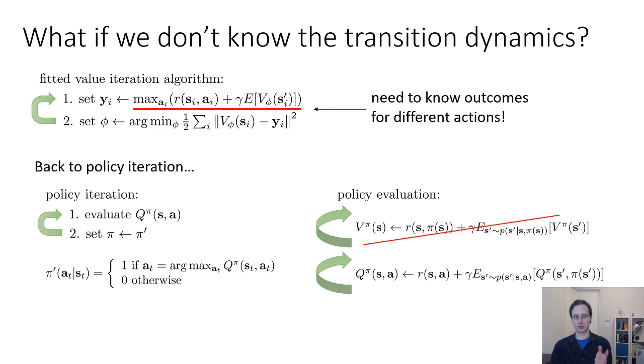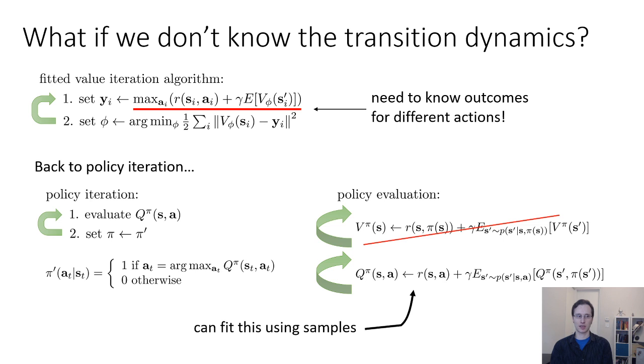The only place where the policy shows up is as an argument to the Q function at the state S prime inside of the expectation. And it turns out that this seemingly very simple change allows us to perform policy iteration style algorithms without actually knowing the transition dynamics, just by sampling some SA S prime tuples, which we can get by running any policy we want.